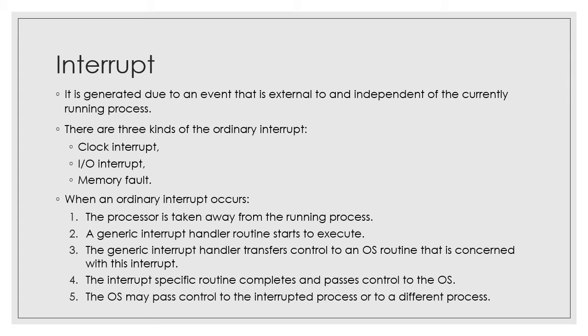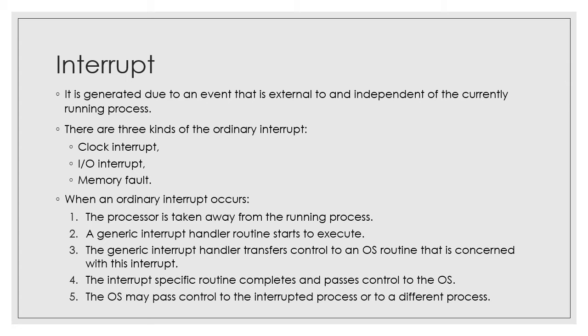I will talk about these in detail, but let us first consider what happens when an ordinary interrupt occurs. The processor is taken away from the running process. A generic interrupt handler routine, which is a part of the OS, starts to execute.